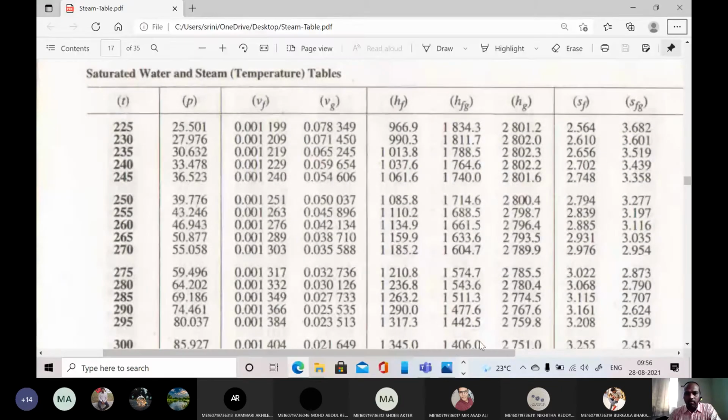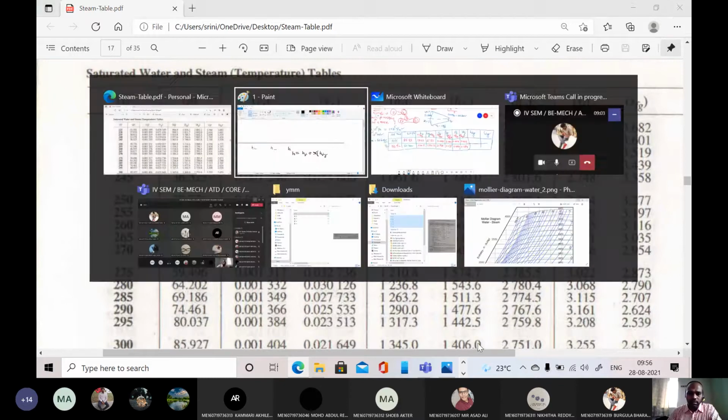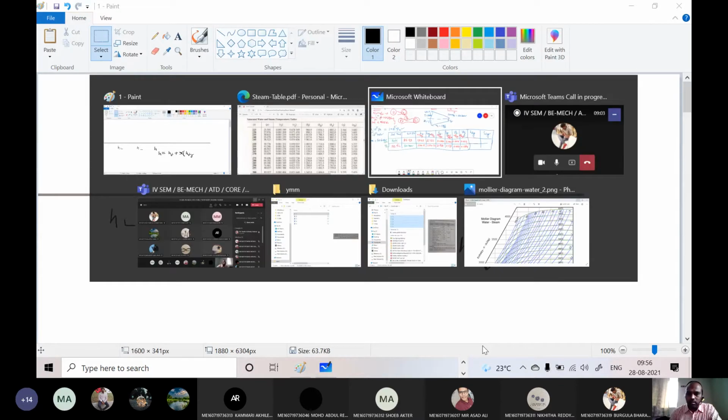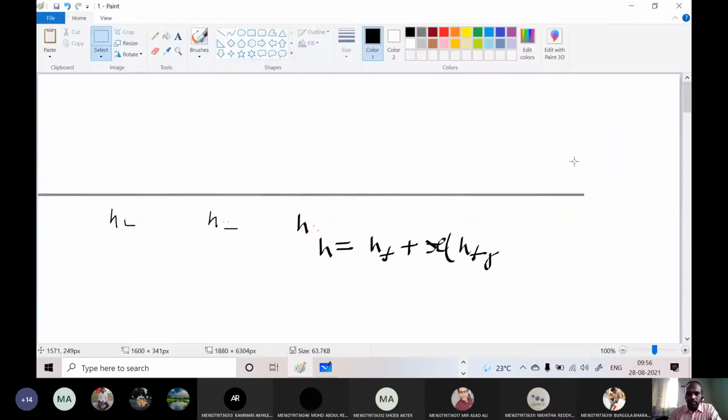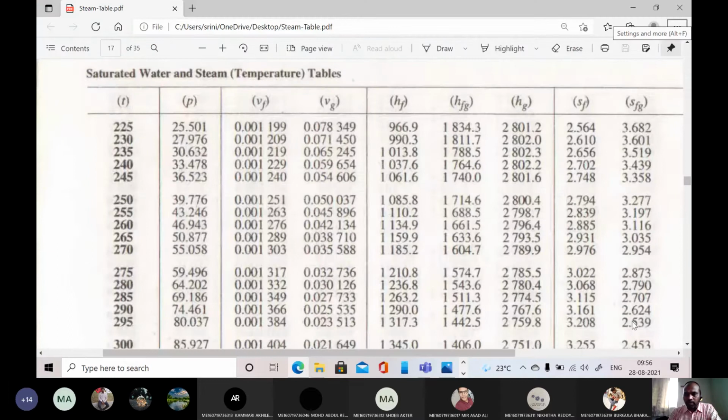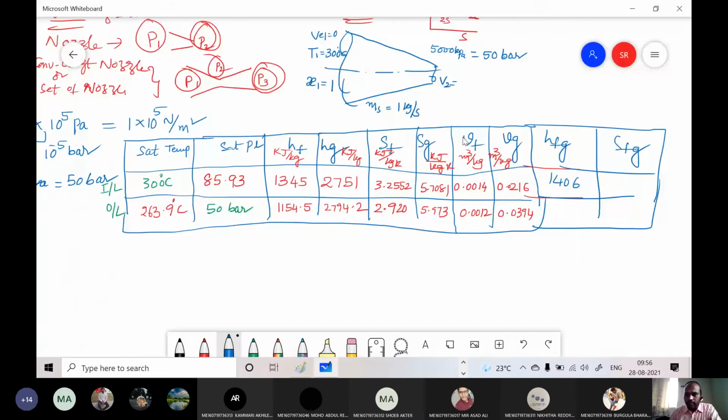Now this is the bottom line. HFG equals 1406.0. Agree? At 300 degrees centigrade, the latent heat HFG equals 1406. Then SFG, same bottom line, is 2.453.